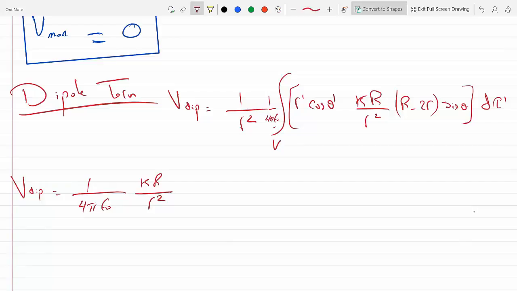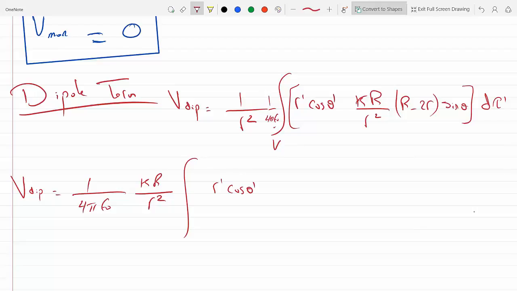We are left with the integral of r prime cosine theta prime.